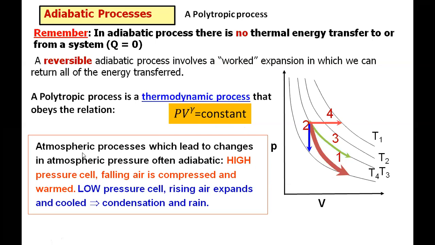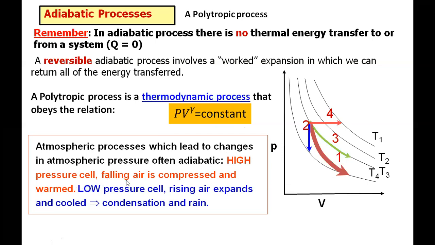This atmospheric process leads to a change in atmospheric pressure that is adiabatic. In a high pressure cell, falling air is compressed and warmed.